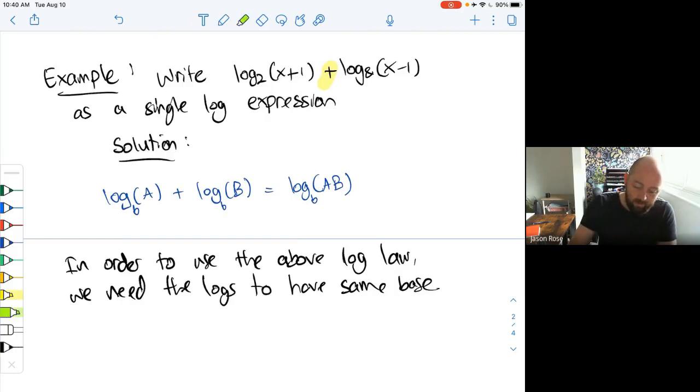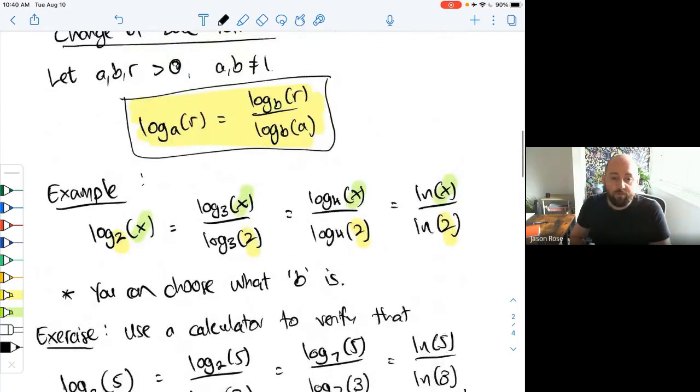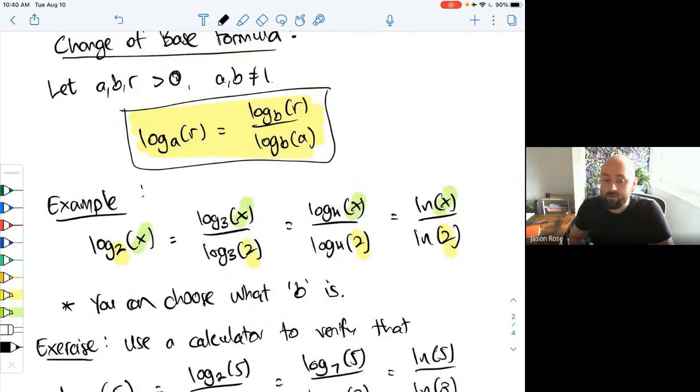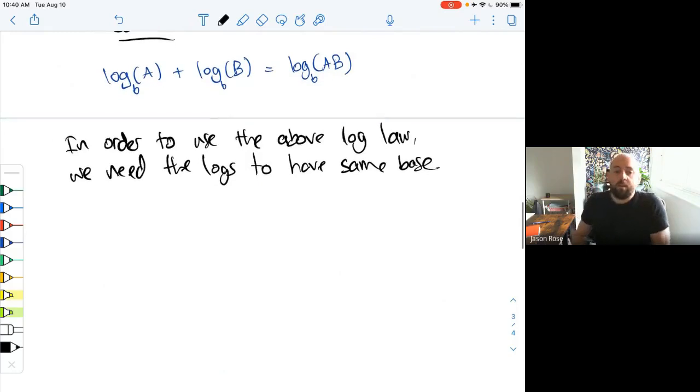We don't have them having the same base. We have a log to the base 2 and a log to the base 8. So conveniently enough, we have a formula, if we scroll up, that allows us to change the base of a log function. So the approach that we're going to take is we're going to pick either 2 or the 8 and change either the 2 to the 8 or change the 8 to the 2.